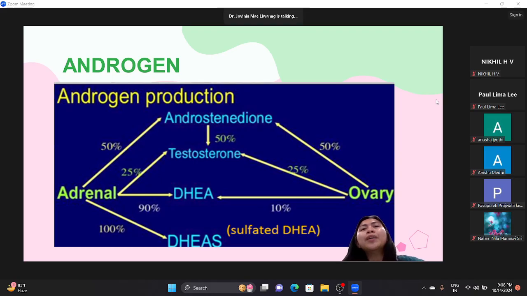For DHEA, 10% of the production comes from the ovary and 90% comes from the adrenal gland. So in short, androgen production is both adrenal and ovarian, but the majority is from the adrenal gland.